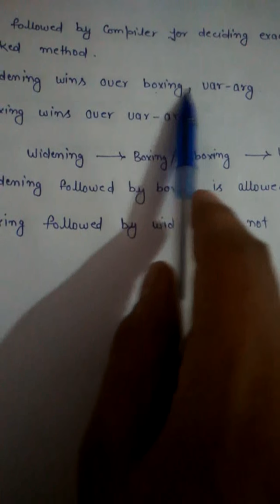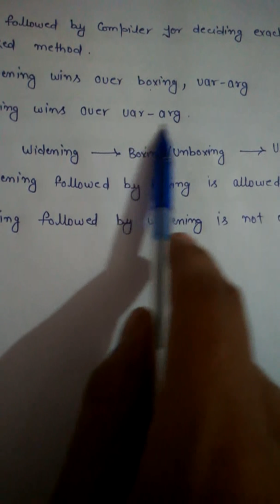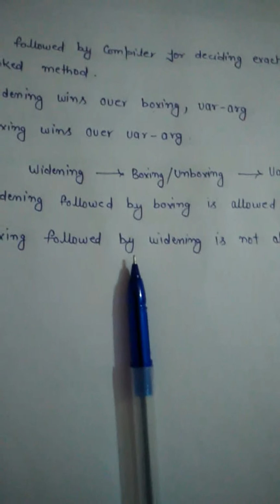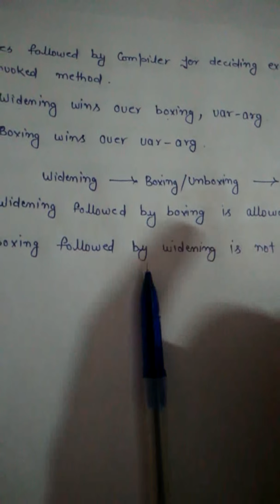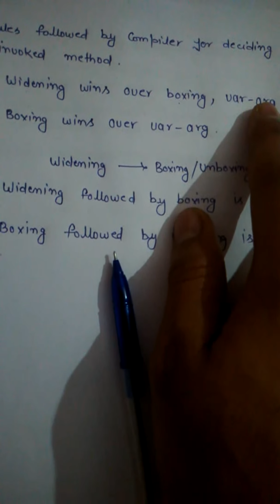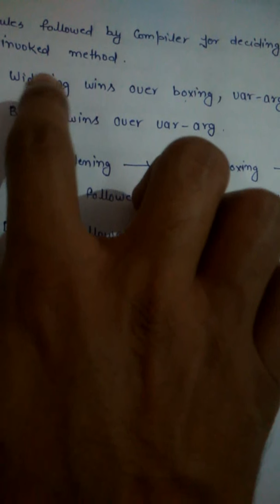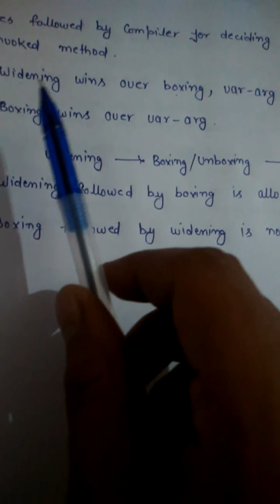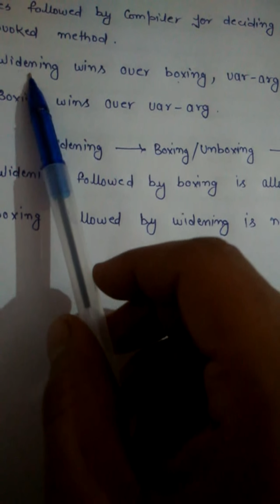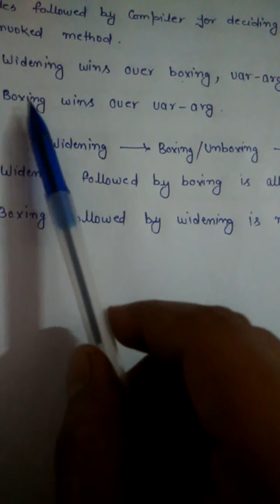The second rule says boxing wins over variable arguments. So out of these three, widening, boxing, and variable arguments, first the exact match will be searched using widening. If the compiler doesn't get any method by widening, then it will look for boxing.